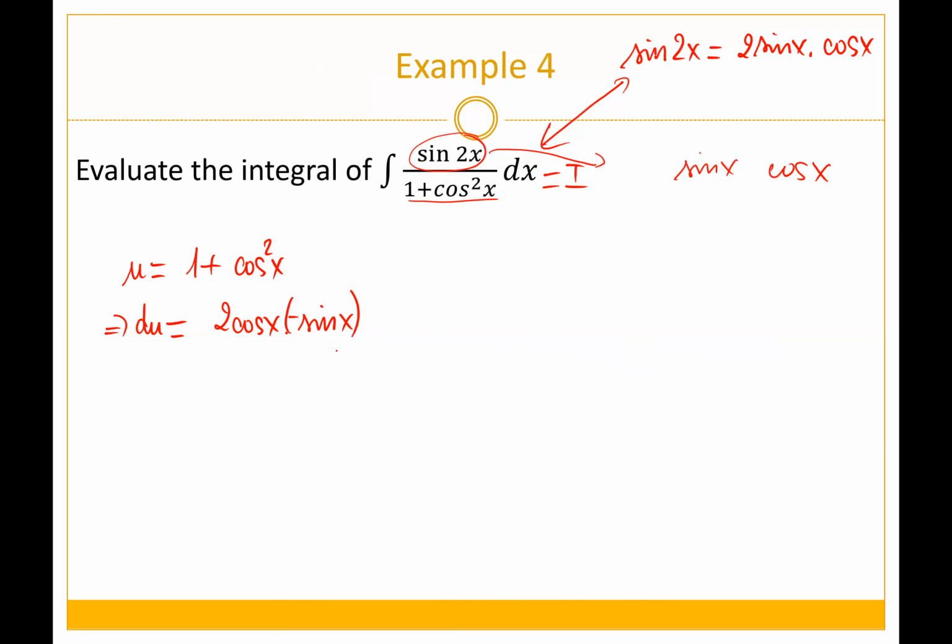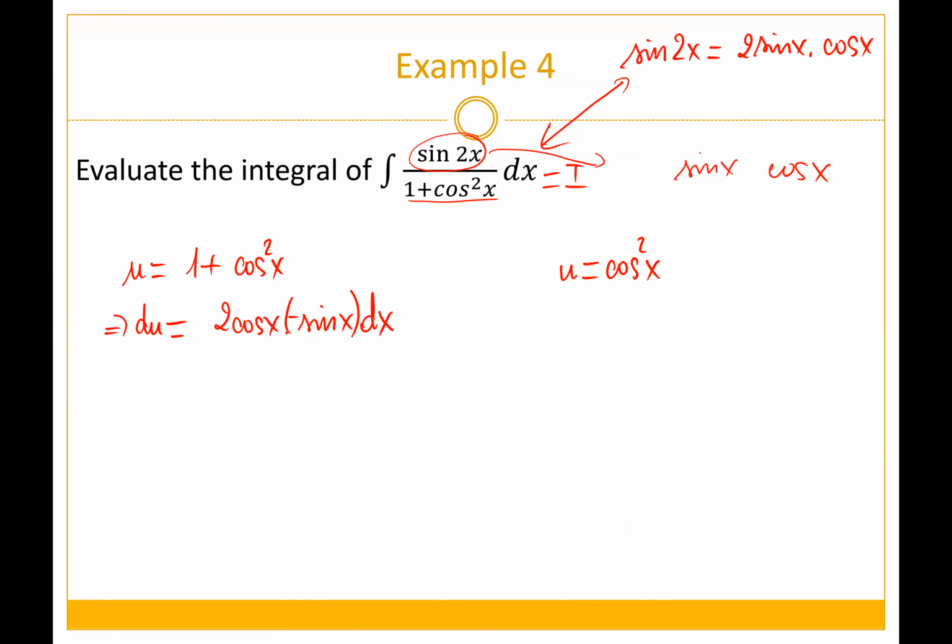There are some ways that you can take u substitution. In this case, if you take u as cosine square x, your du is going to be the exact same thing, but it's not going to help you simplify the problem. So it's sometimes very important in the way that you take u so that you can do the most in simplifying the problem.